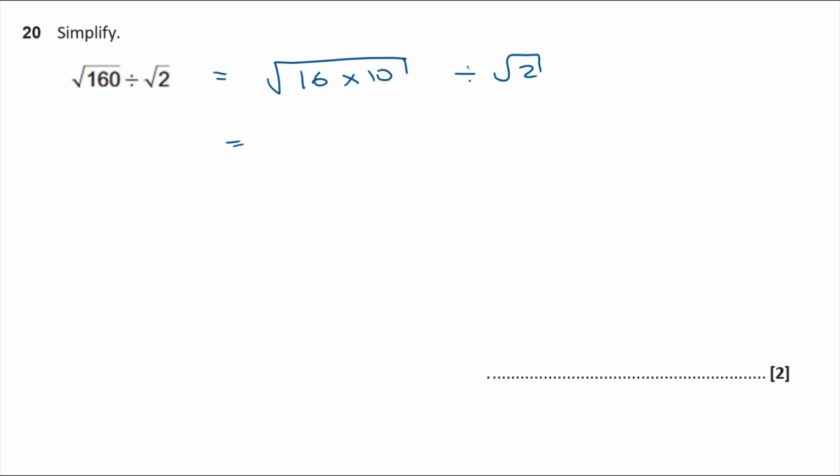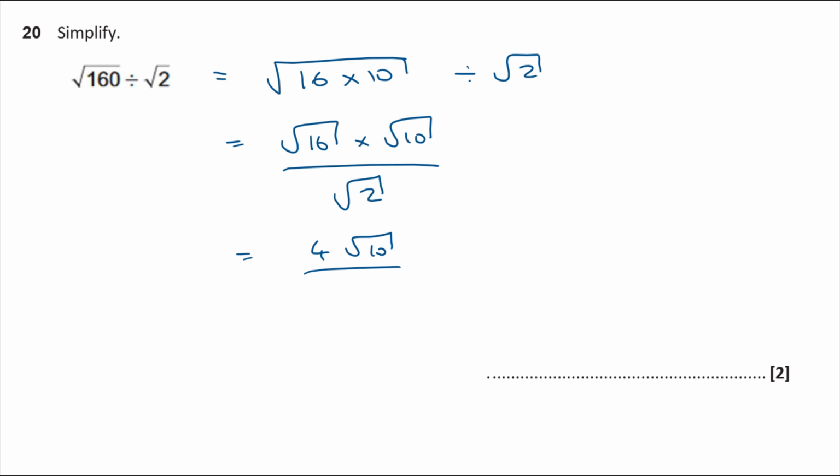So what's that equal to? Well, I can break that off into root of 16 times the root of 10 over the root of 2, and then root of 16 is just 4. So that gives me 4 root 10 over the root of 2. Okay, so what am I going to do with this now? Well, I can recombine those two surds I've got left as a single surd.